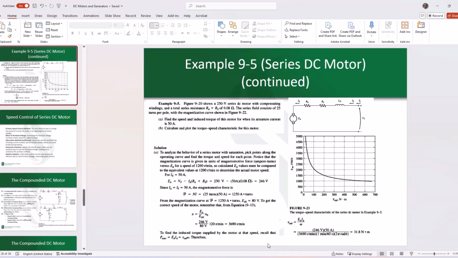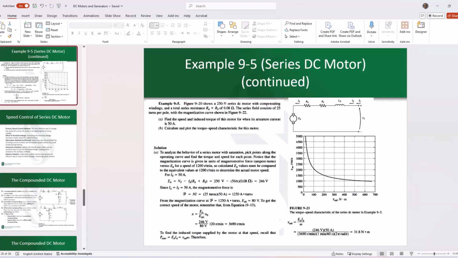Using the same process, we can find the speed as well as the torque for different operating conditions. I_A of 50 amps gave us these two values.